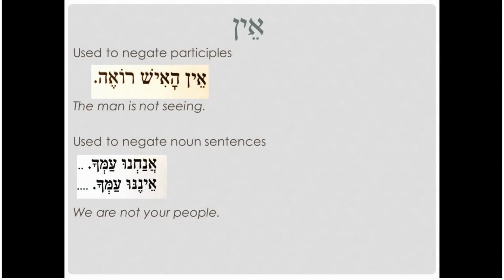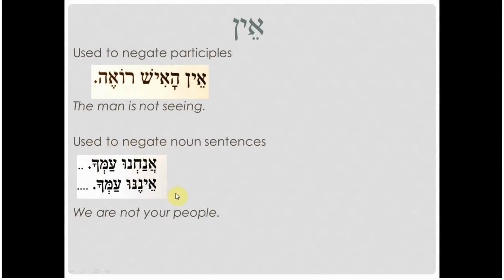Here's another example of how it's used. It's also used to negate noun sentences. It's easiest to see this when you compare these two right here. Anachnu amcha, and this is we are your people. You could imagine ancient Israel saying this to God. Anachnu amcha, we are your people. And then how would one negate that?